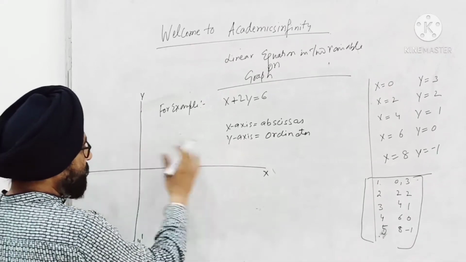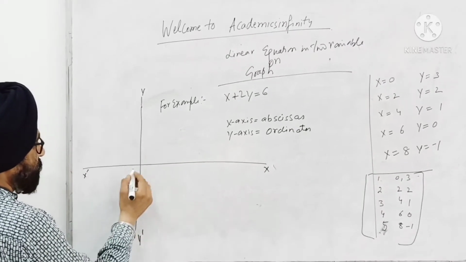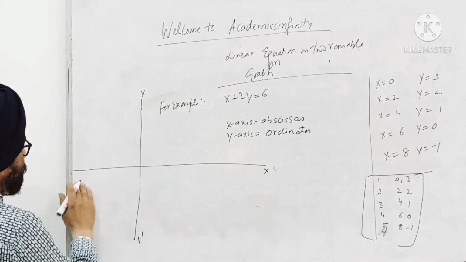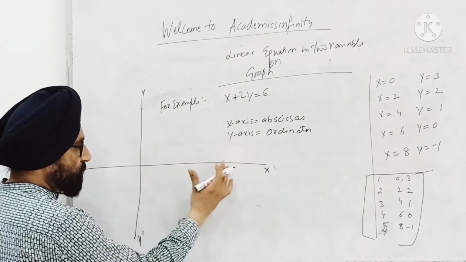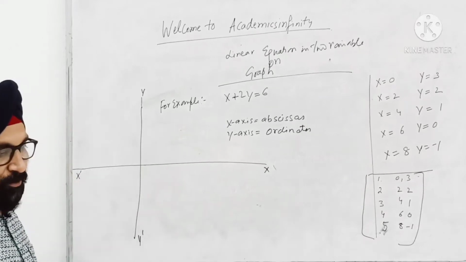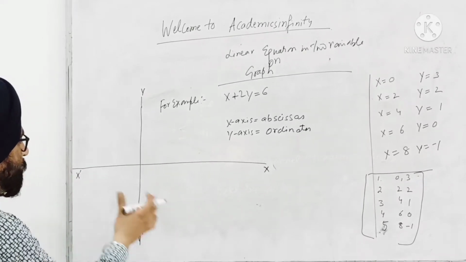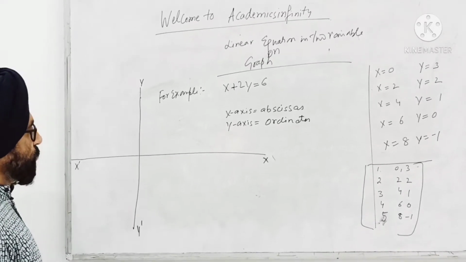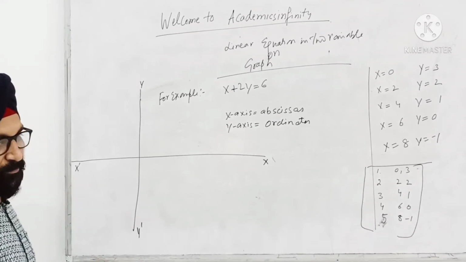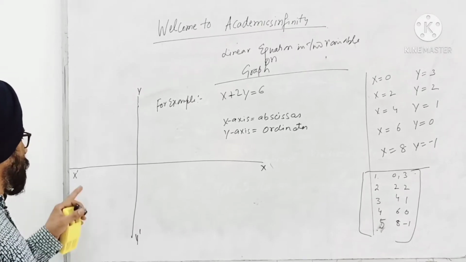On the right hand side of the origin along the x-axis, we present the positive real numbers, and on the left hand side of the x-axis, we present the negative real numbers.